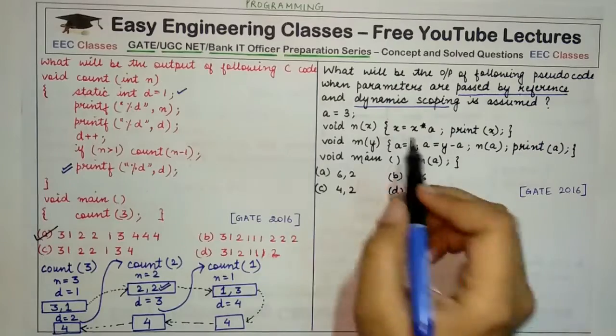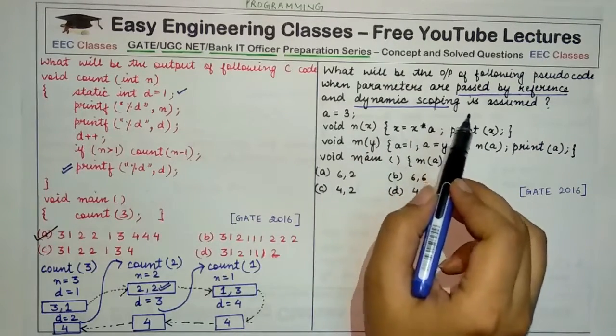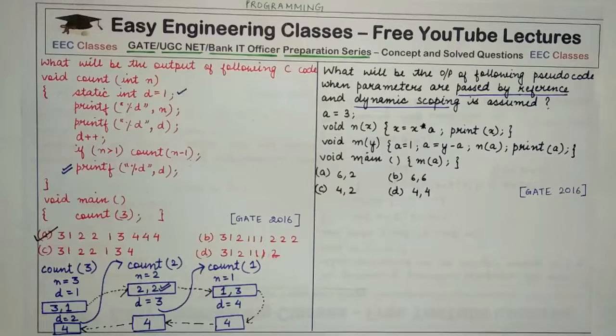Okay, and the second concept is dynamic scoping. Dynamic scoping basically tells us to look for a variable in the upward hierarchy. So if you have a function and you have used a particular variable, but that variable is not defined in that function, or it is not allocated memory in that function, then you will go up in the hierarchy and see if the calling function that called this function has that particular variable defined in it.